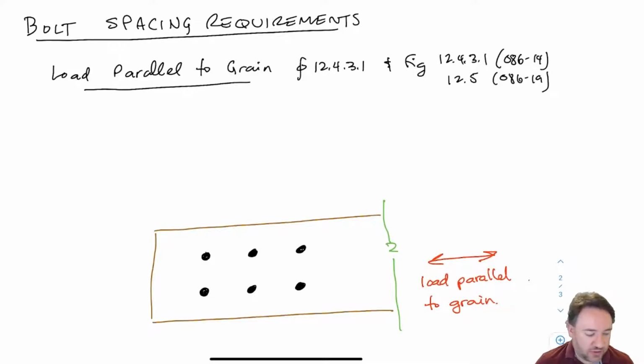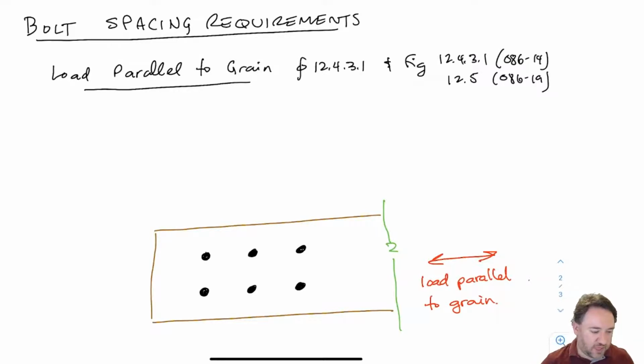If the load on the bolts is perpendicular to grain, then I have a different set of spacing requirements. So here I have my piece of wood and I have my bolt, and the bolt is either pushing towards the end or pushing towards the center of the piece. So if the bolt wants to move this way or the bolt wants to move this way, that's what we're talking about. In the standard, they have different figures for tension versus compression.